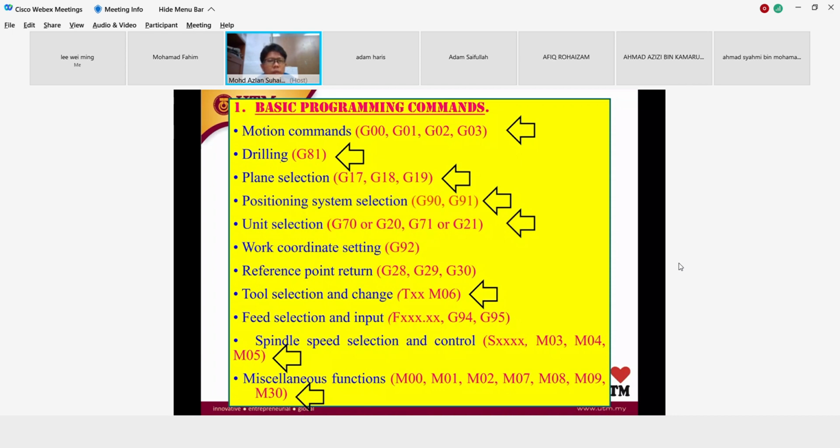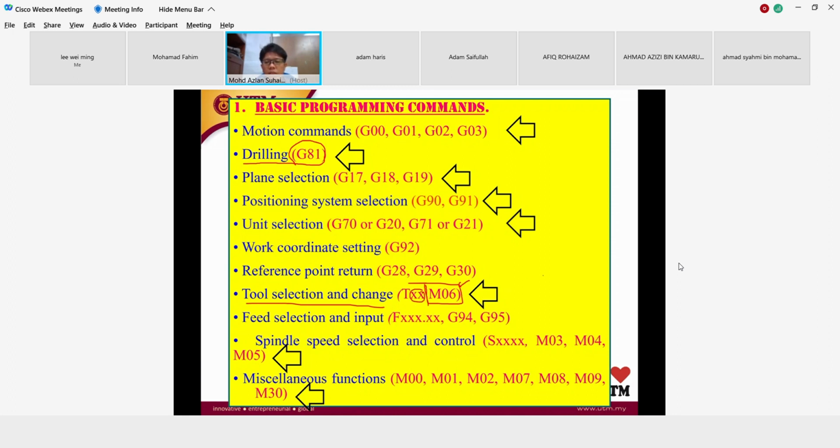For example, for drilling, you have to insert G81. And for example, if you want to change the tool, you have to use M06. M06 is the standard to change the tool, and it is followed by TXX.